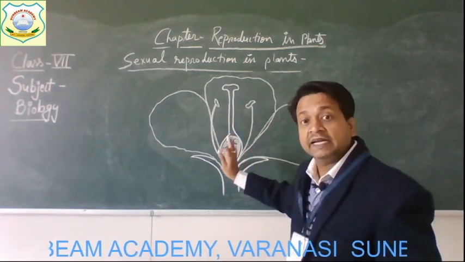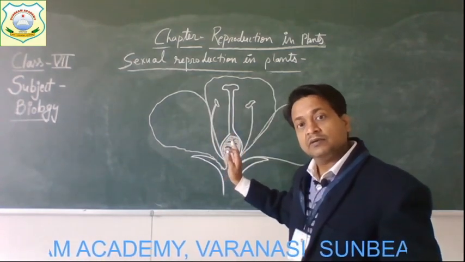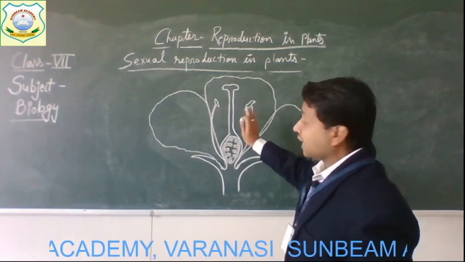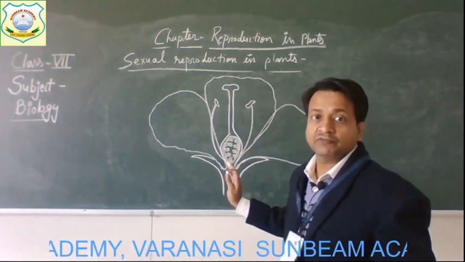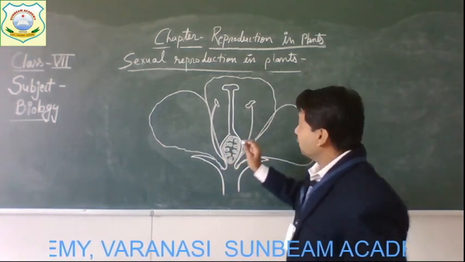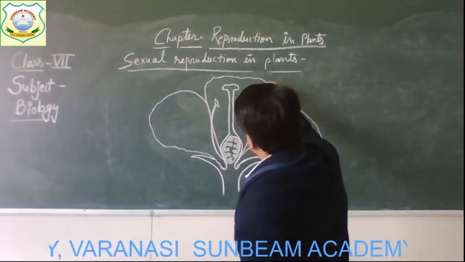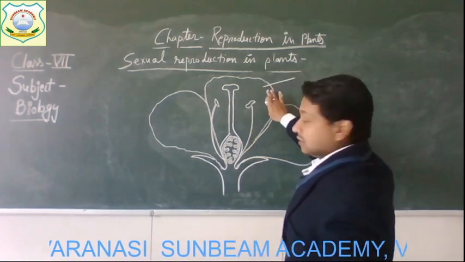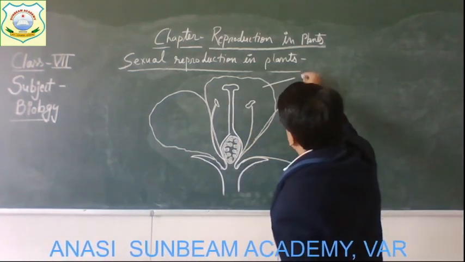So this is the internal structure of a flower, and this flower is a bisexual flower. Now these structures are petals.